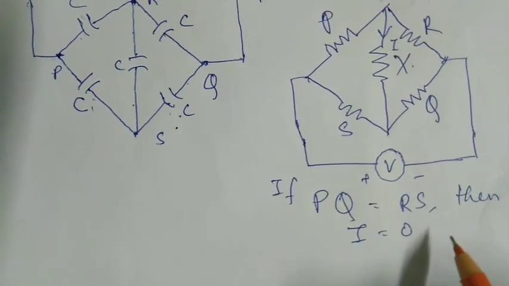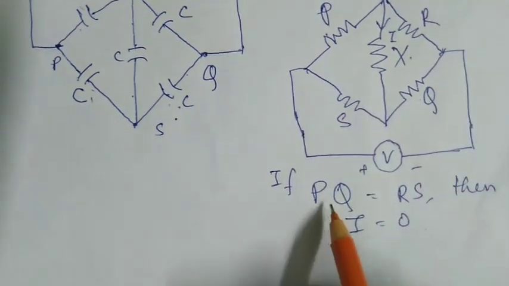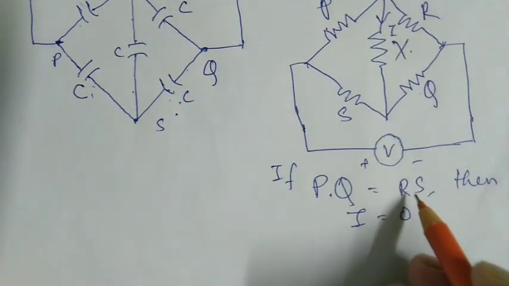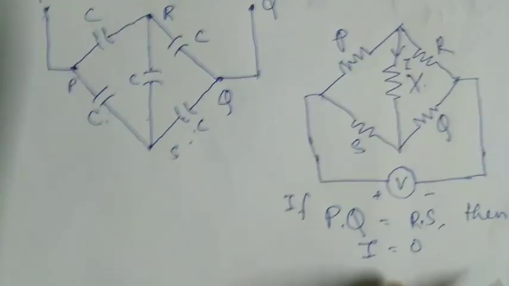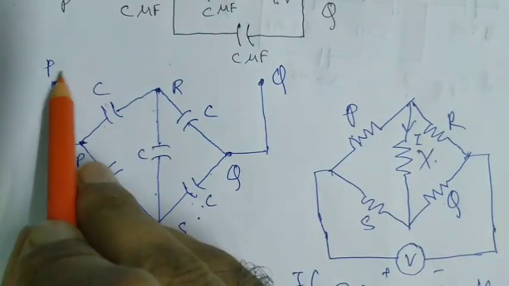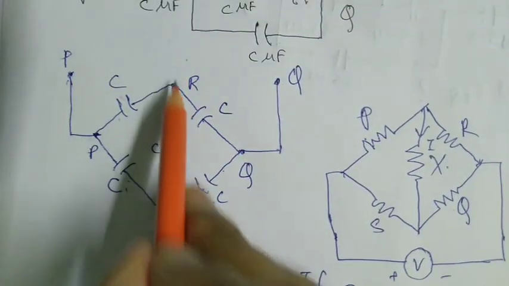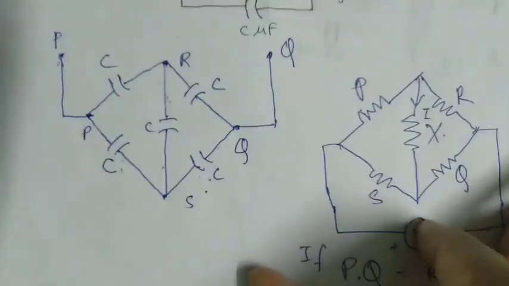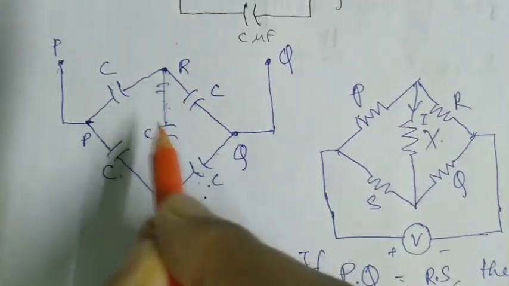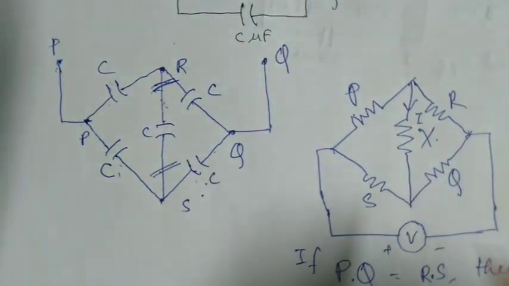Then I will be equal to 0 if P multiplied by Q is equal to R multiplied by S. That's why through this branch, if any voltage source is connected across these 2 nodes, then no current will flow through this branch. So we can neglect this branch. So what will be the new circuit?